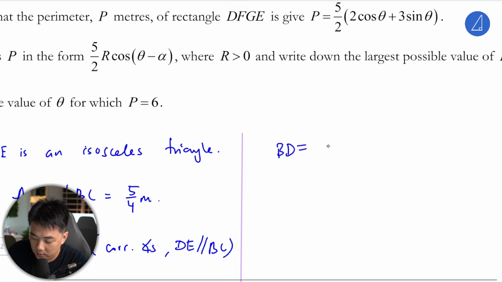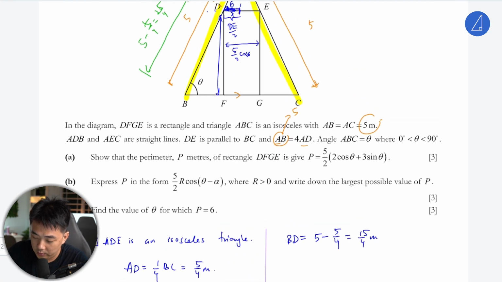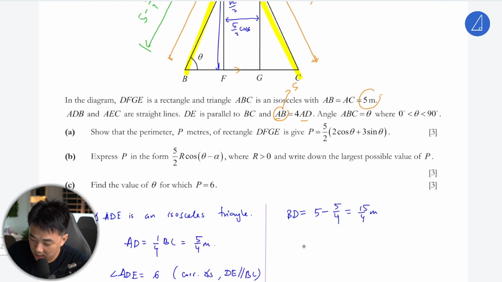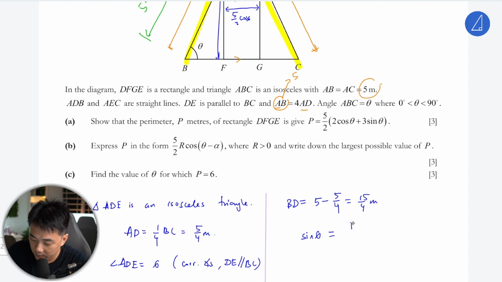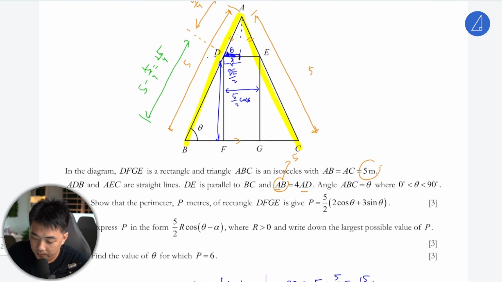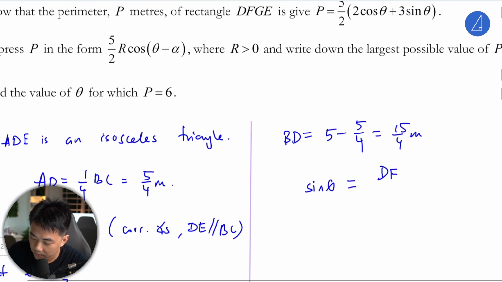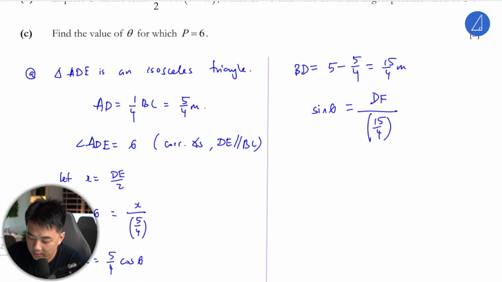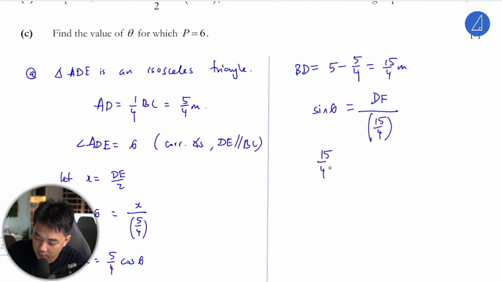BD is equal to 5 over 4. Okay, so essentially by using trigo ratio, we know that sine theta is equal to opposite, which is DF, over 15 over 4. Okay, that's it. So we have 15 over 4 sine theta for DF.